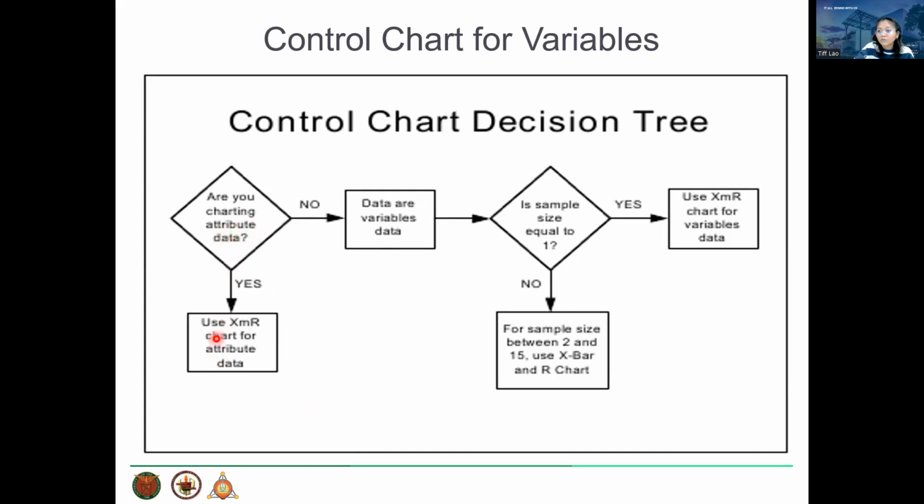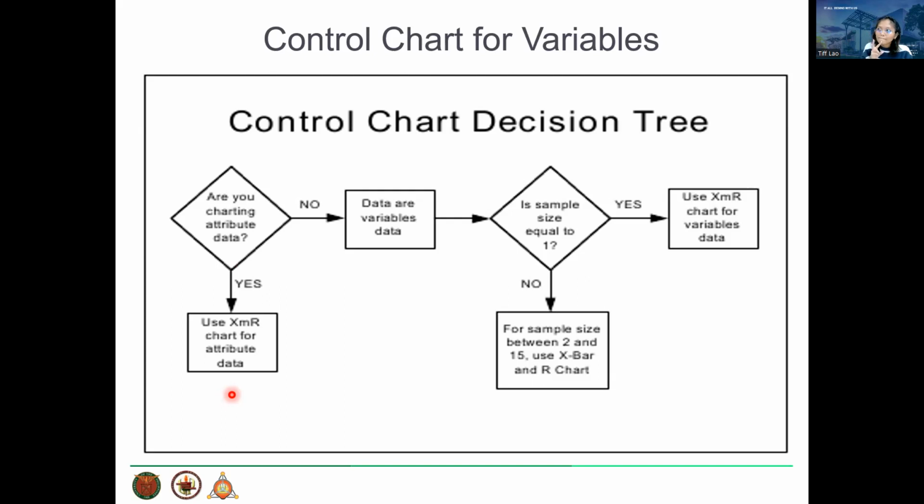So if yes, you can use the XMR. But then again, hindi din ako maalam kung paano gamitin yung XMR for attribute data. But I think since yung XMR ay just one data point, and di ba sa attribute data either conforming or non-conforming ka.